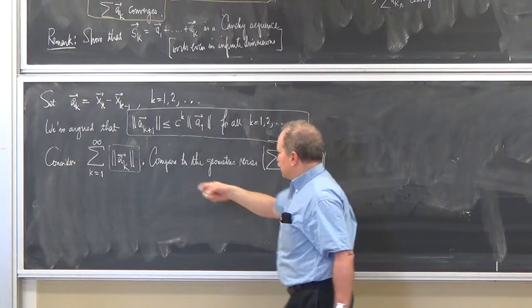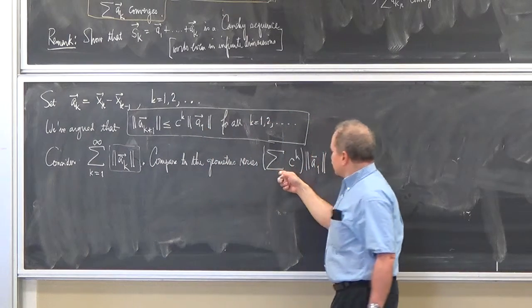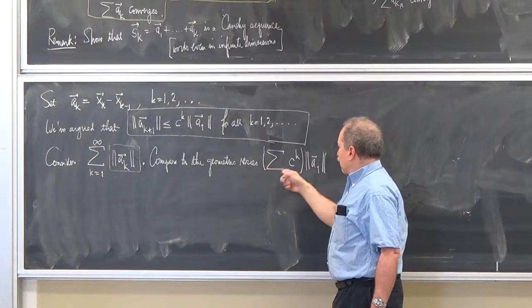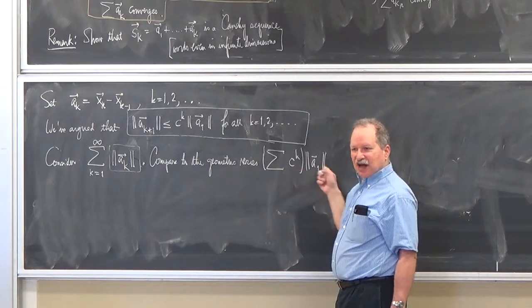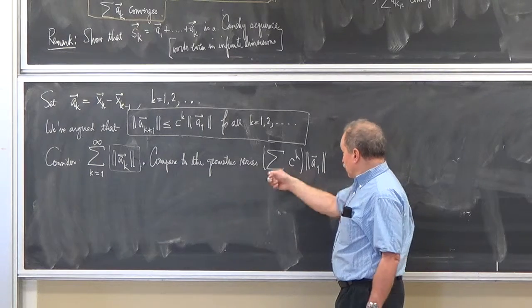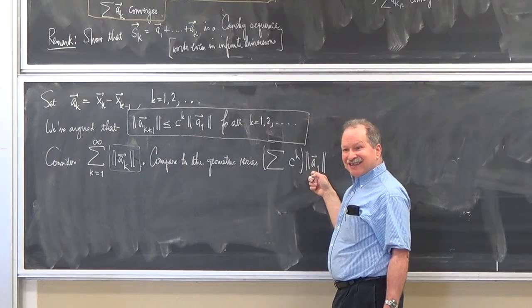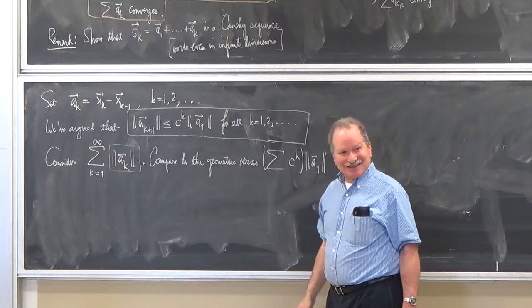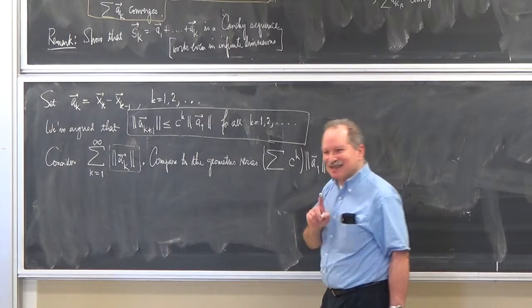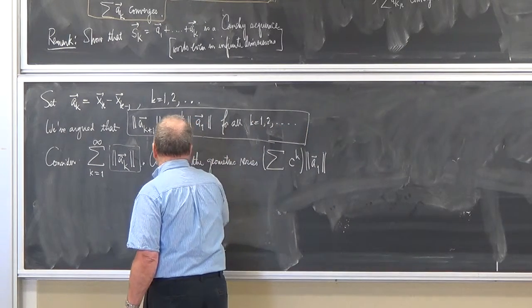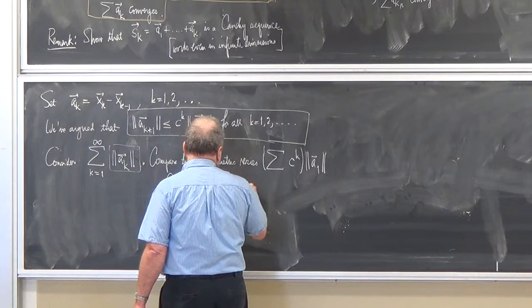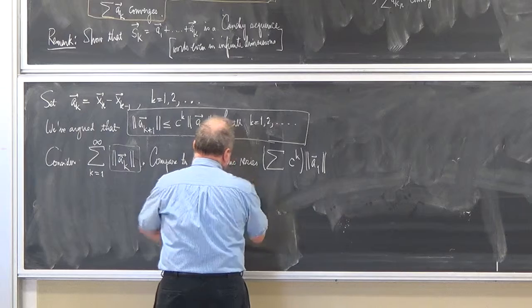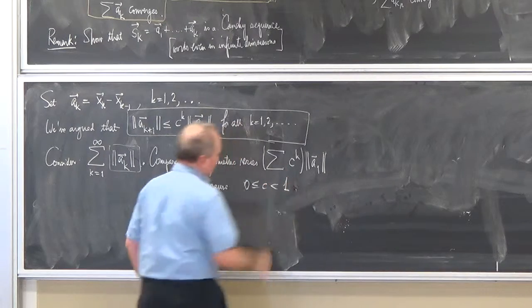So if I do the infinite series, it's bounded above by the geometric series of the c's, the powers of c, times the fixed number of magnitude a1. This converges because c is less than 1. Here's where you explicitly use c is less than 1.